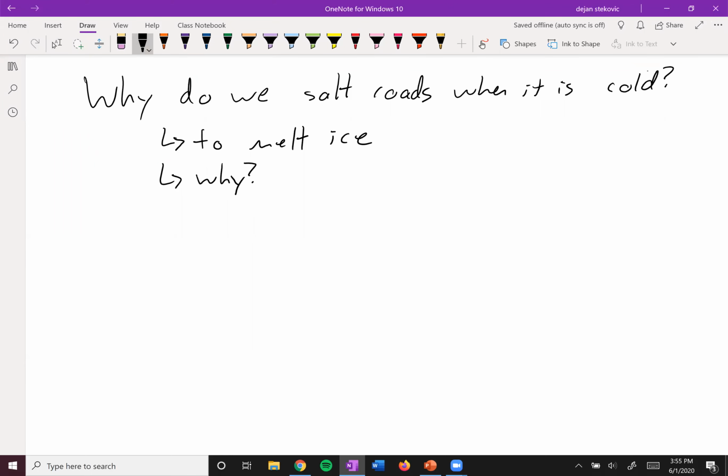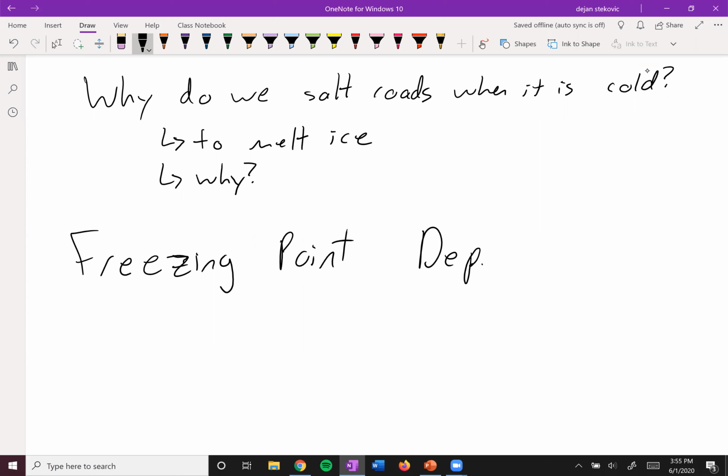And so that's our next colligative property, and this is called freezing point depression. So it's the opposite of boiling point elevation. Depression means less. And so solutes will do two things.